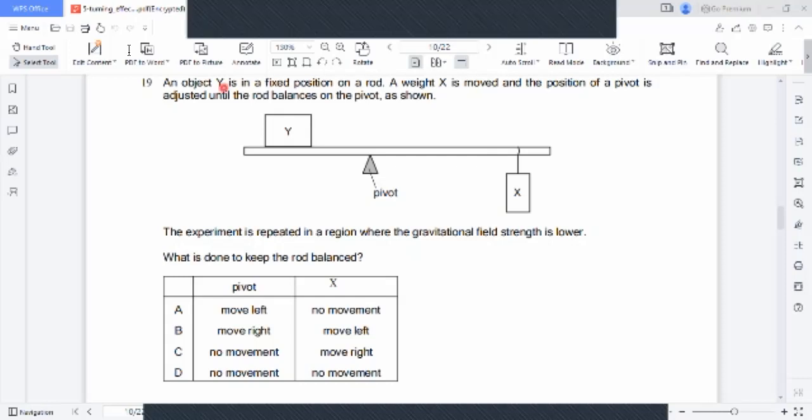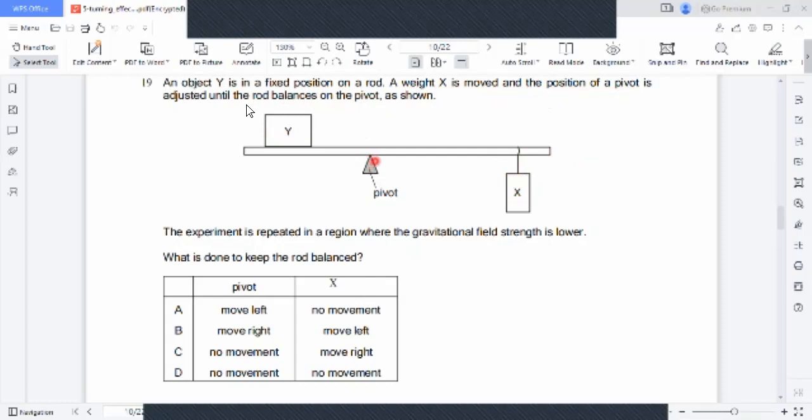An object Y is in a fixed position on a rod. Y is in a fixed position. A rod X is moved, like you can move X to this side or this side, in both sides. And the position of a pivot is adjusted until the rod balances on the pivot.